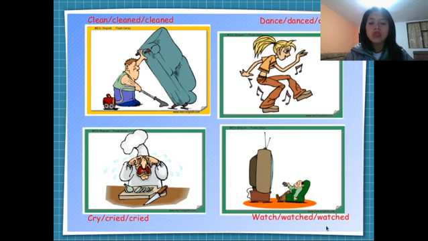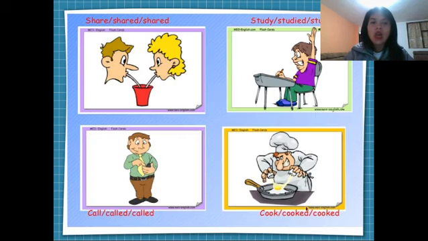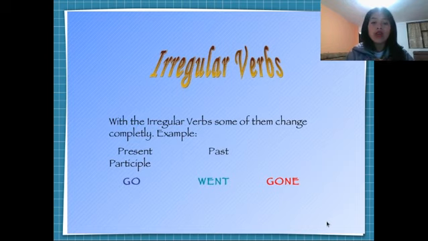Watch, watched, watched. Right? Study, studied, studied. Cook, cooked, cooked. Right? As you can notice, base form, forma base, pasado simple, pasado participio. The same structure, okay? Now we have the irregular verbs.